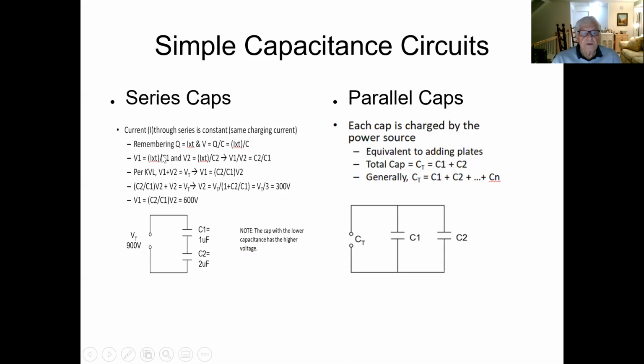The other way of doing it, though, is actually knowing that if capacitors are in series, they work the opposite way that resistors do. So capacitors in series give you that reciprocal: 1 over the equivalent capacitance is equal to 1 over C1 plus 1 over C2, and then take the reciprocal of that.